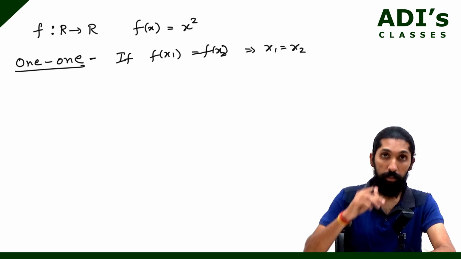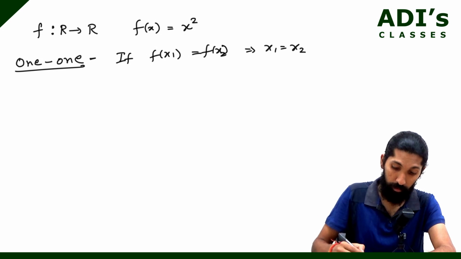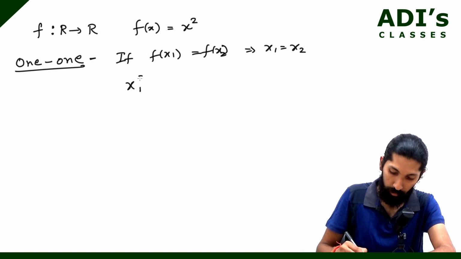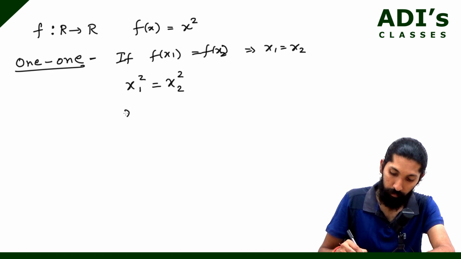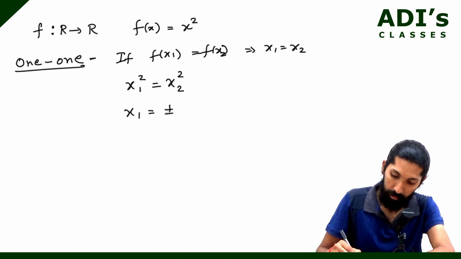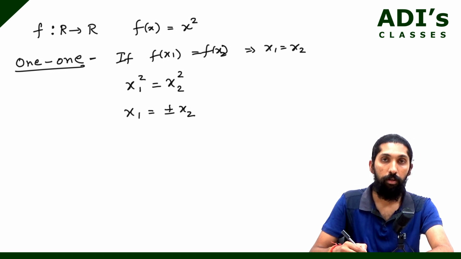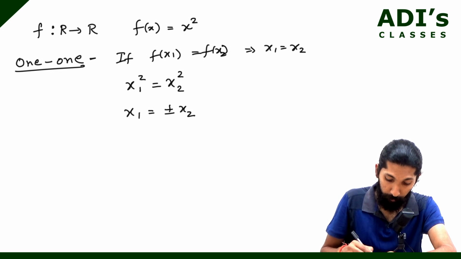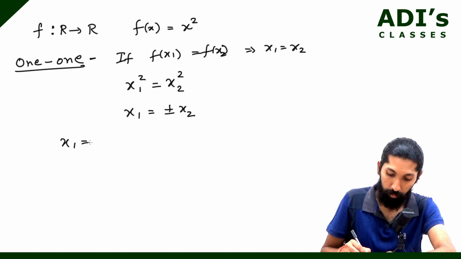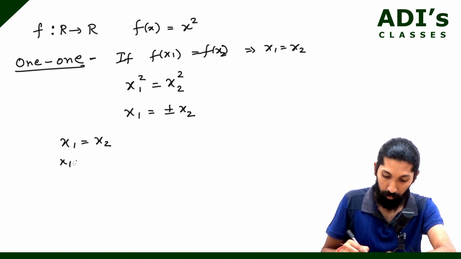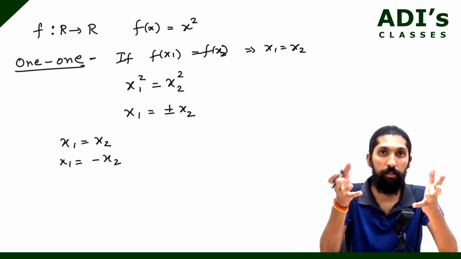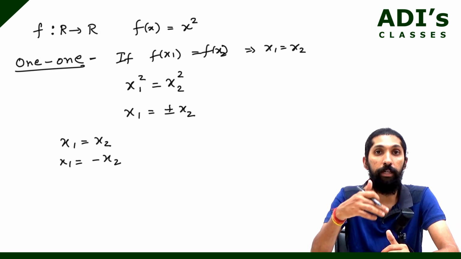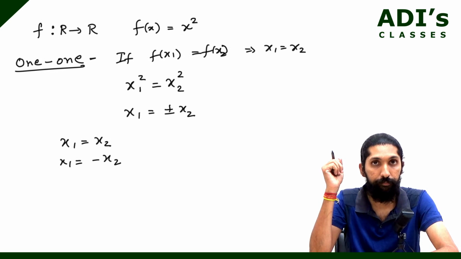All right. Now in this case, what do we have? f of x1 becomes x1 square is equal to x2 square. Or if you take the root, x1 is equal to plus or minus x2. Now what do we have? We have two cases here: x1 is equal to x2 and x1 is equal to minus x2. You can't have both values. This is the whole point of telling you that it is not one-to-one, isn't it?